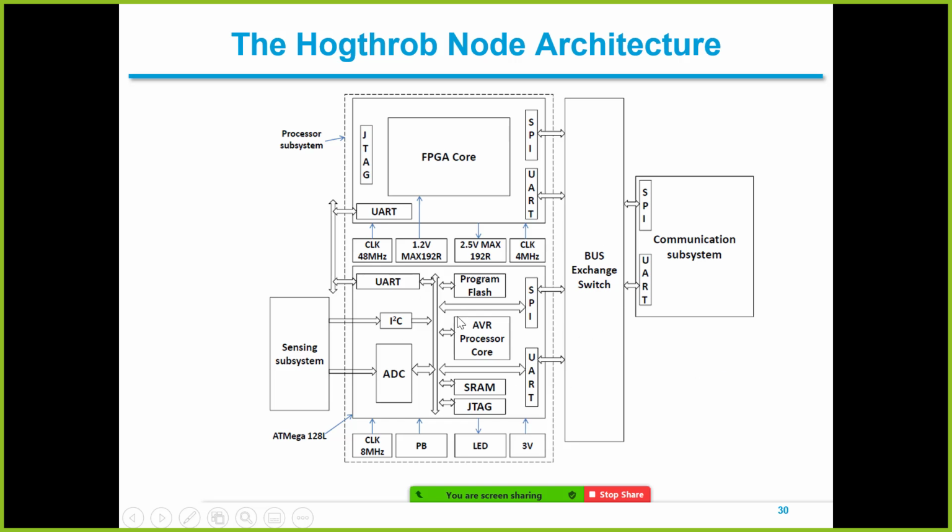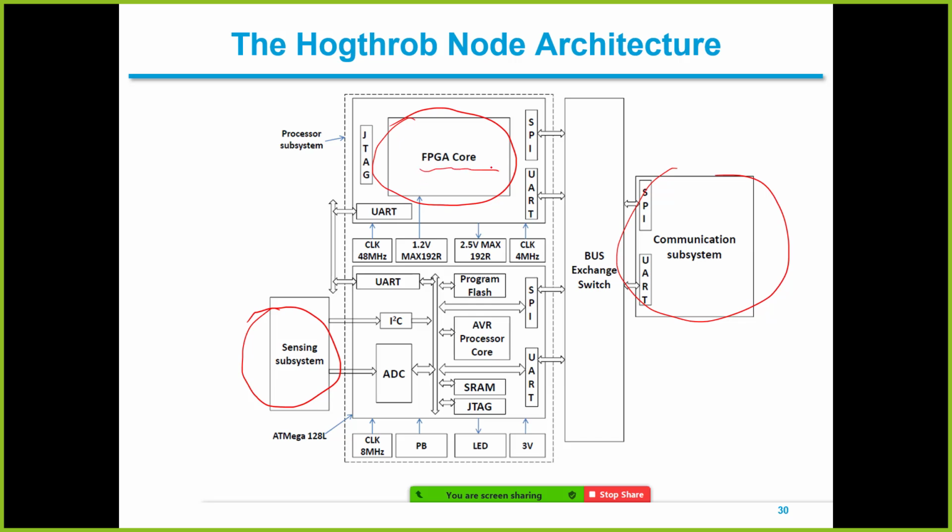So this is the architecture for this wireless sensor node. You can see here we have the sensing subsystem, the components here. We have the communication subsystem. And the processor subsystem here is based on an FPGA core.